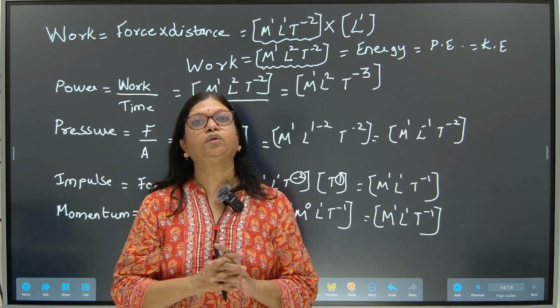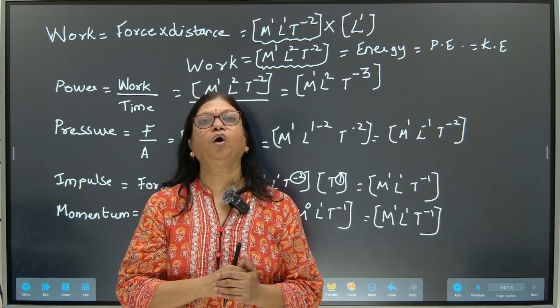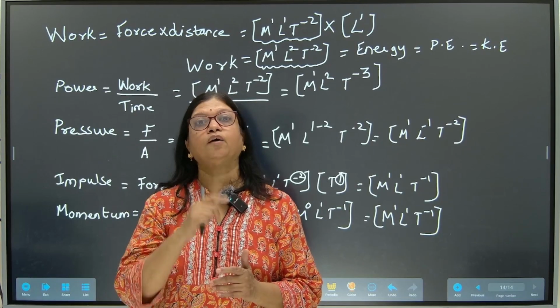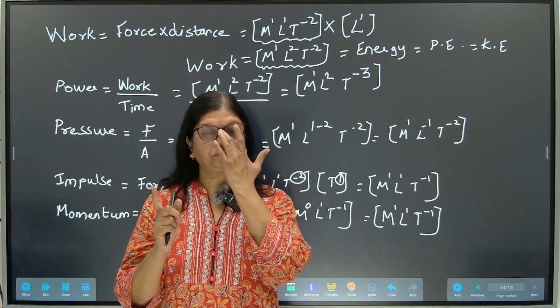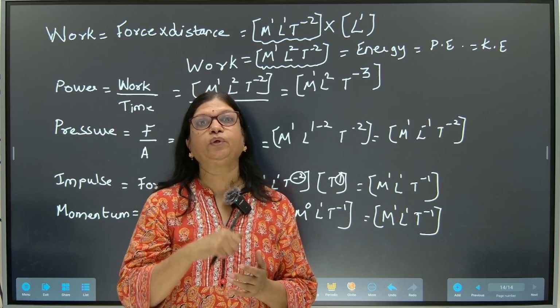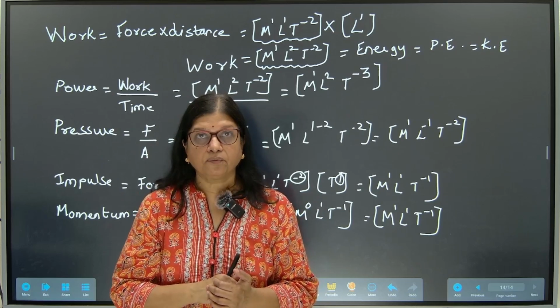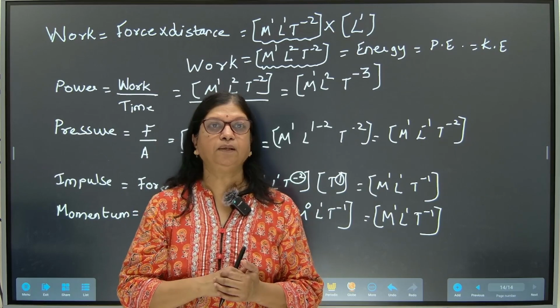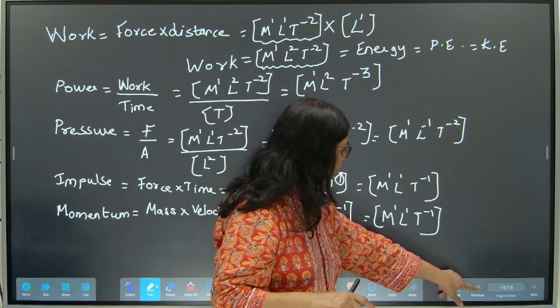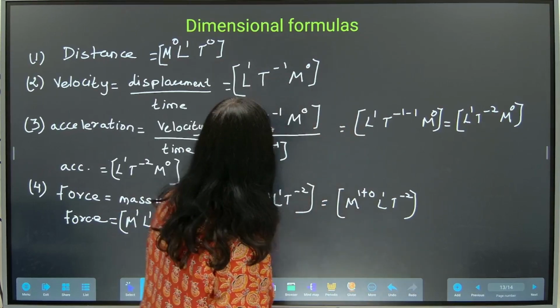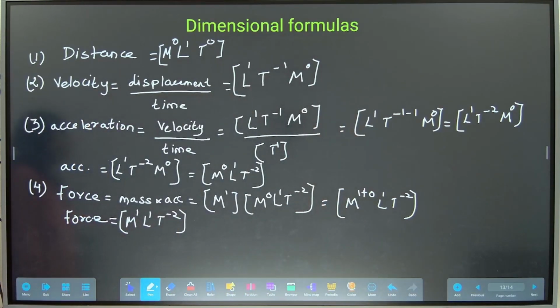Clear? So you take a pic of what we have done just now for both the pages which we have derived for the dimensional formula. First you take the previous page pic. I shall move.